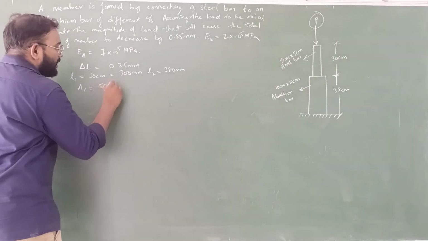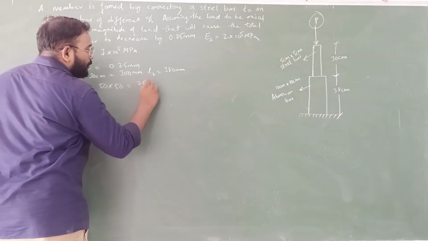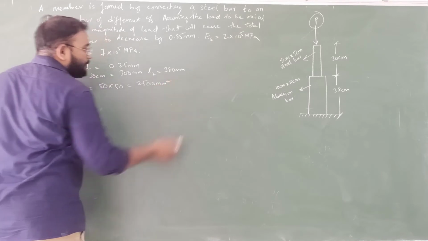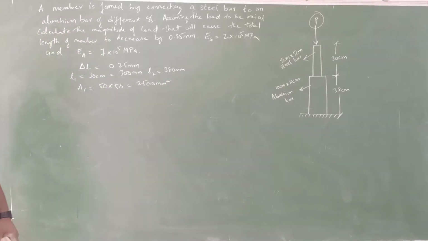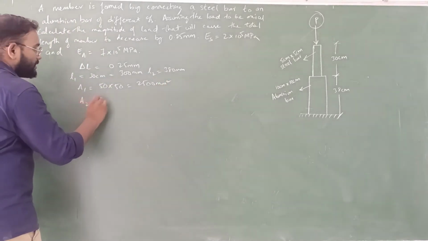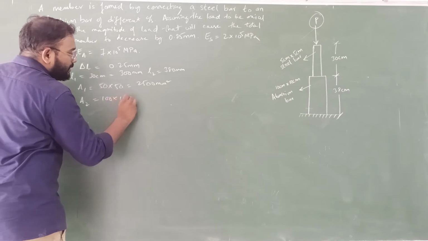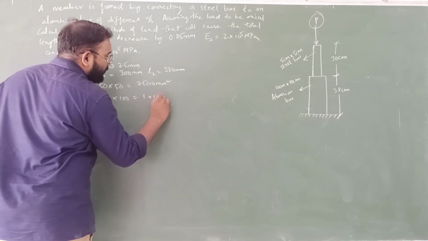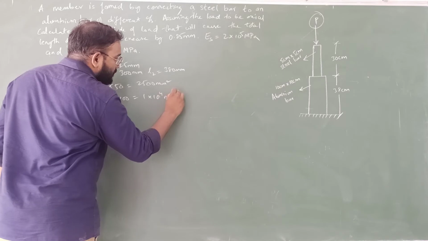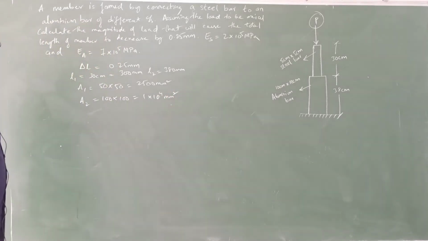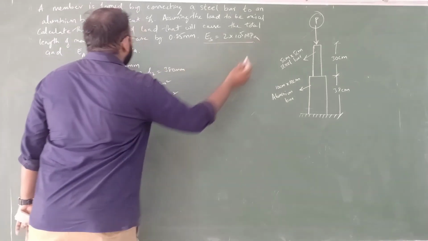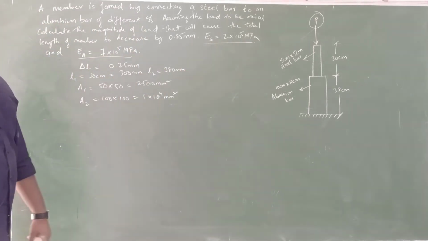A1 will be 50 by 50, which is equal to 2500 millimeter square. Similarly, A2 is 100 by 100, which is equal to 1 × 10⁴ millimeter square. Okay, so these are the given quantities. Also you are given Young's modulus of steel and Young's modulus of aluminium.